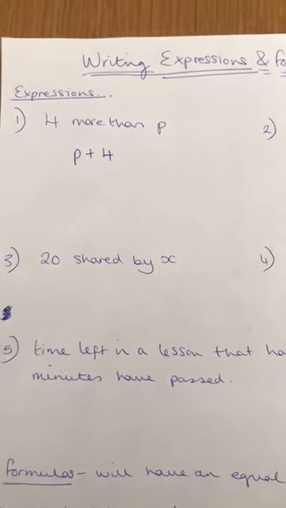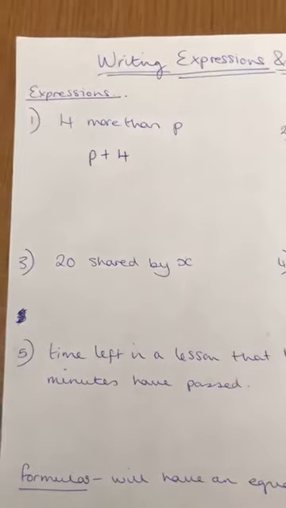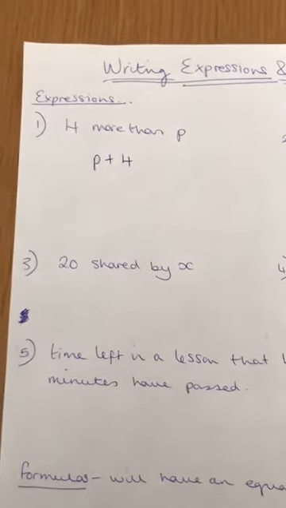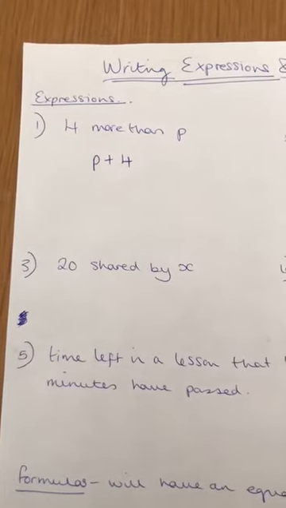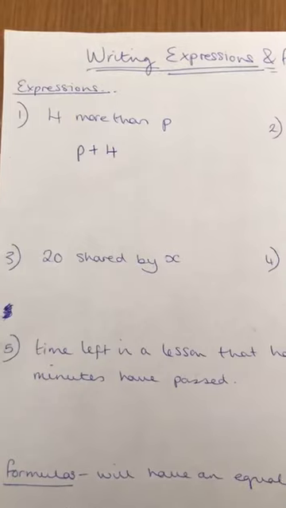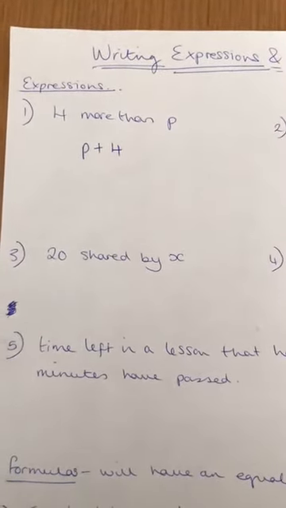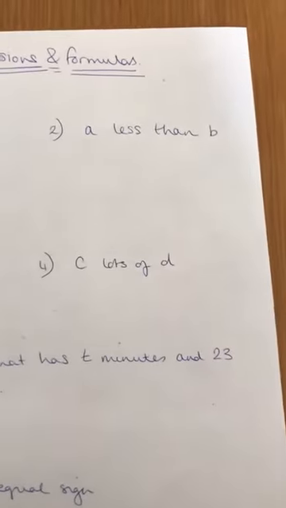In your head, you would do, well, 10 plus 4, 14. So you can take that approach to get your head around what sort of calculation you're doing and what order it needs to be in. But just remember that when you put your answer down, you don't then put 10 plus 4, you replace it back with the P.